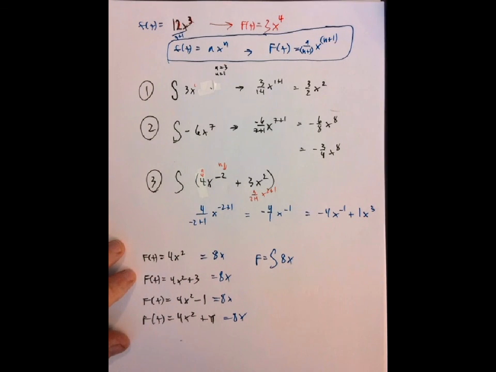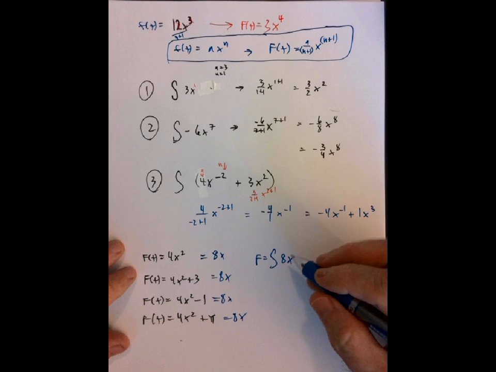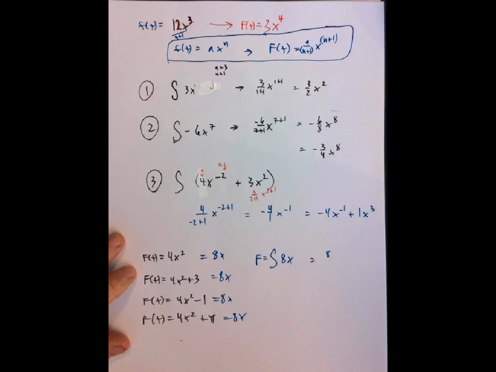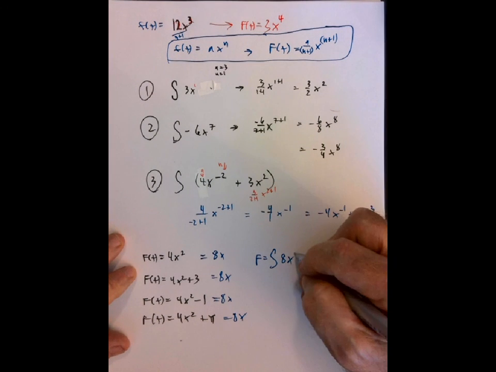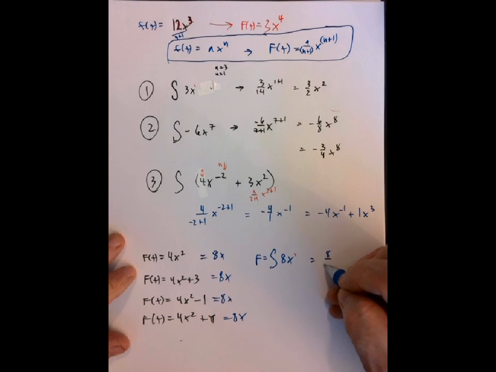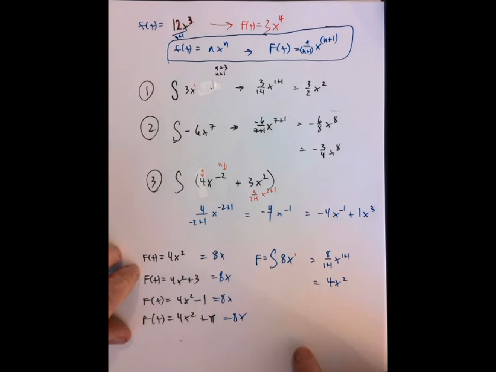Using our power rule, right, up here, that would be 8 over, because the exponent there is 1, so that's 8 over 1 plus 1, x to the 1 plus 1. Well, we're getting 4x squared, which, yeah, okay, that's the polynomial part here. But how do we know which constant to put in?